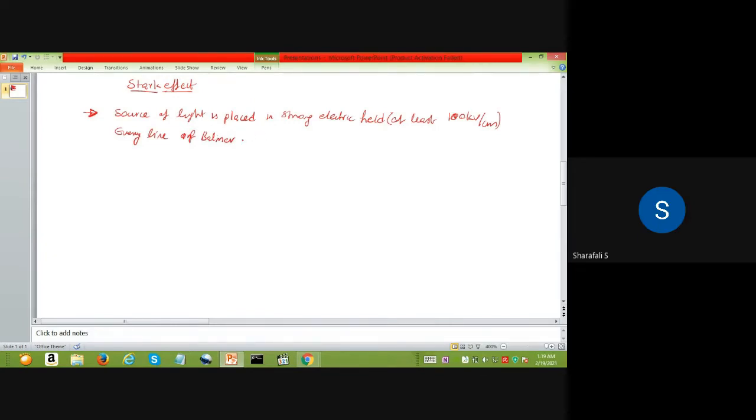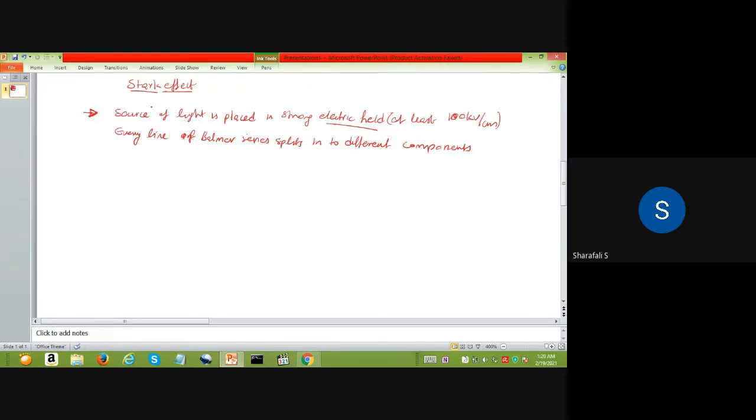So in Balmer series, every line of that Balmer series splits into different components. So unlike Zeeman effect and Fast-Back effect, we have electric field here, and this is strong electric field.